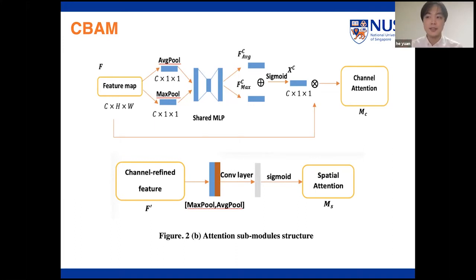The squeeze and excitation network, which we call SE-Net, has shown that if we use a global average pool, we can improve the performance. So it's not very charming, but this part is very useful because they think if we add a max pool and an average pool and turn it into a convolutional layer, it can improve the performance because this part can train the network where we want.